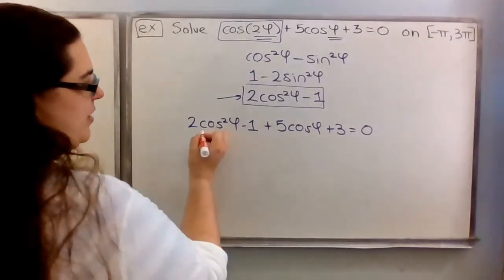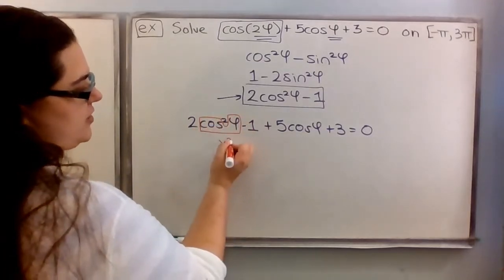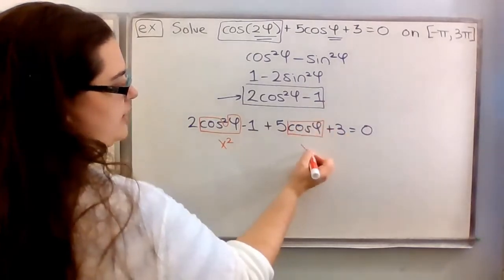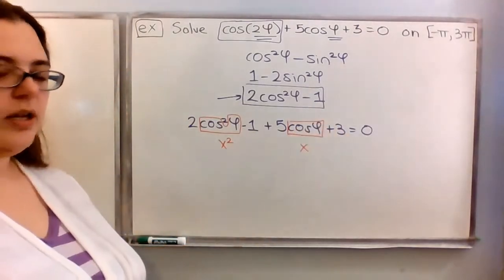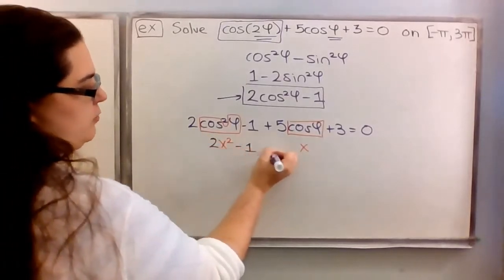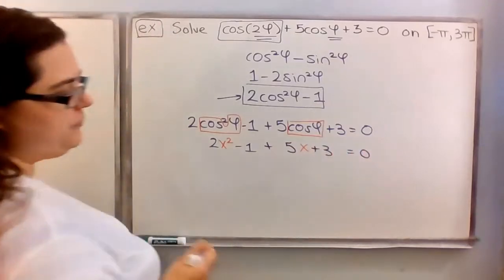So, ooh, squeaky top here. I could think of this piece as x squared, and I could think of this piece as x. And then everything else I'm just going to bring down. So we have a 2 minus 1 plus 5 plus 3 equals 0.